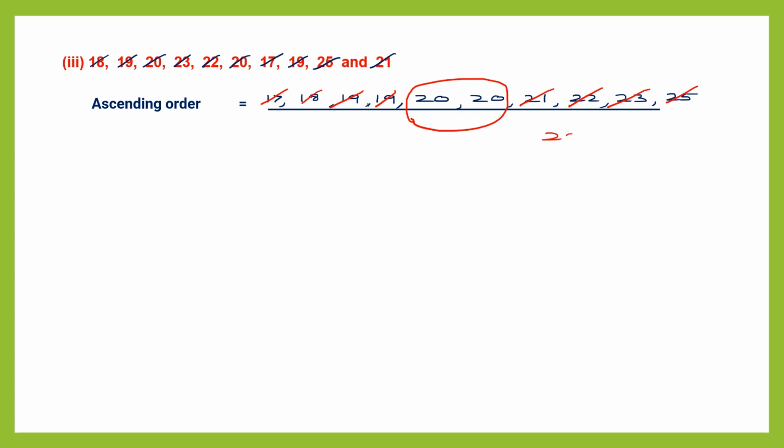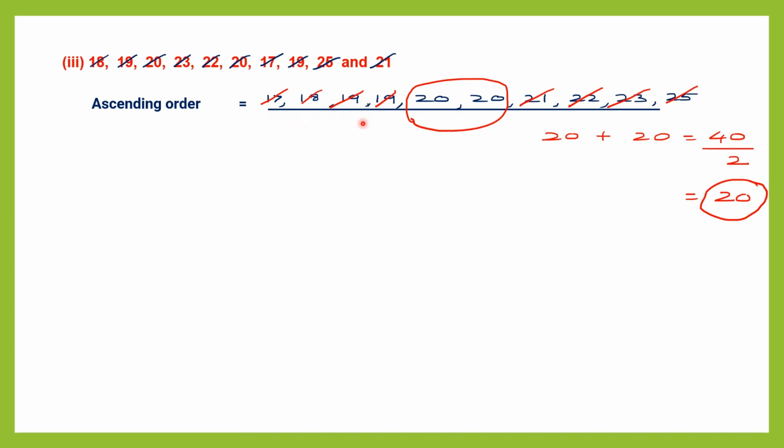Now what are the numbers? 20. Add up both: 20 plus 20, you get 40. Now divide this by 2 because there are two numbers. 40 divided by 2 is 20. So our median is 20. This is how we did it last year.